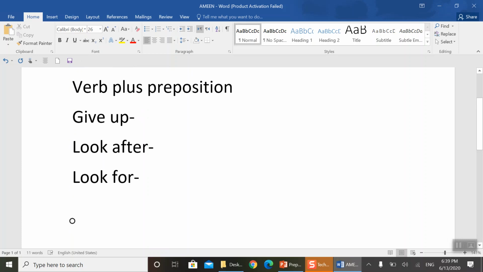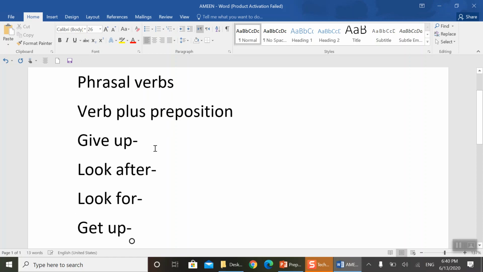We have, for example, get up, etc. Here phrasal verbs. In Arabic it means الأفعال العبارية. It consists of what? Verb plus preposition.